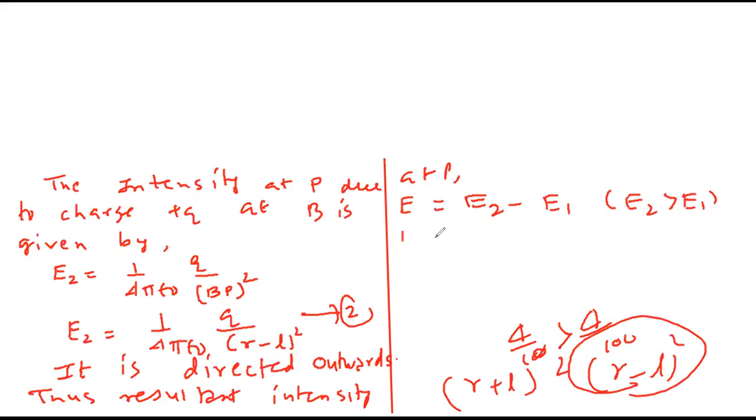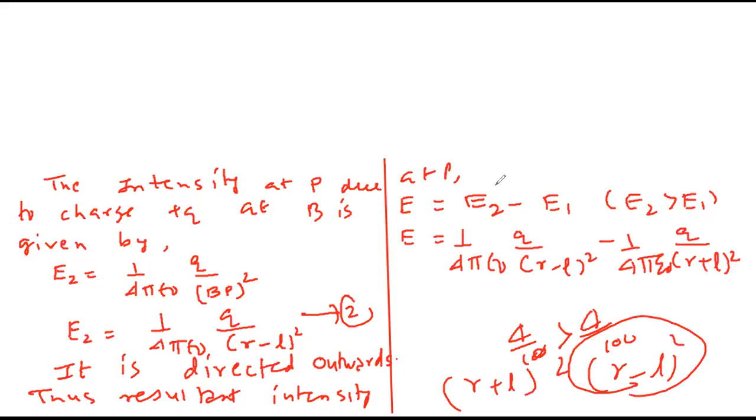So E becomes 1 upon 4 pi epsilon naught Q upon (R minus L) square minus 1 upon 4 pi epsilon Q upon (R plus L) square.